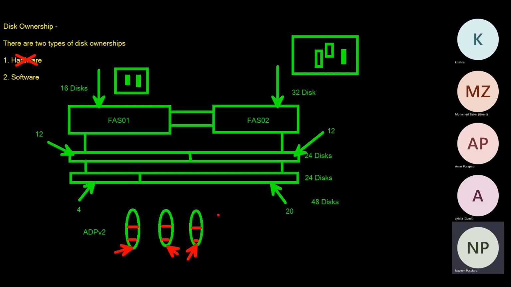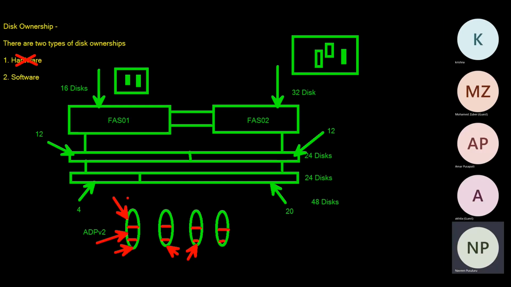For example, I have 4 disks only, then 2 disk root partitions will be added to controller 1, and 2 disk root partitions will be added to controller 2. Like that we're going to do. And for the remaining data partitions, the data 1 partition on every disk will be assigned to controller 1, and the data 2 partition on every disk will be assigned to controller 2, FAS01 and FAS02.